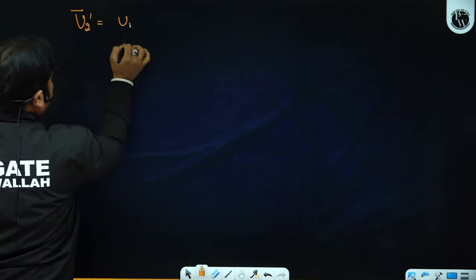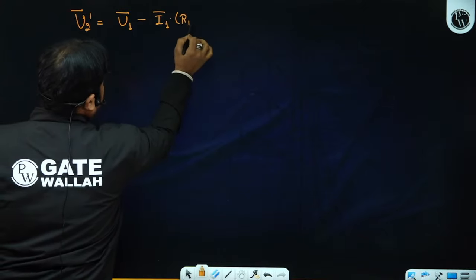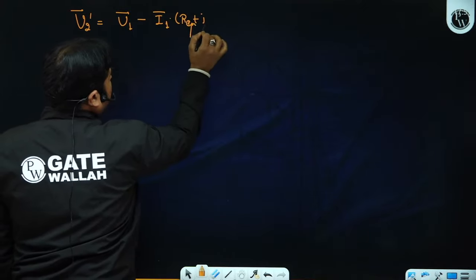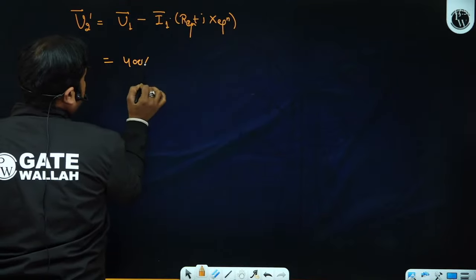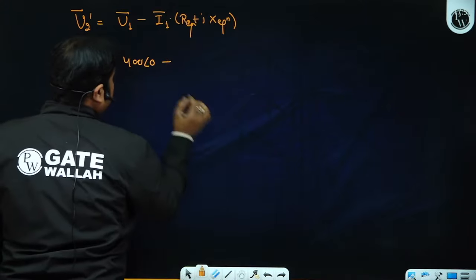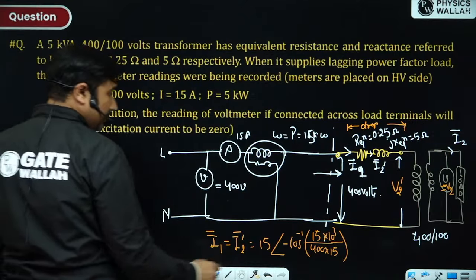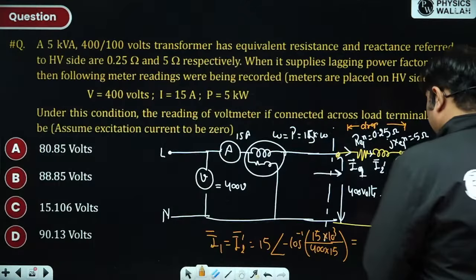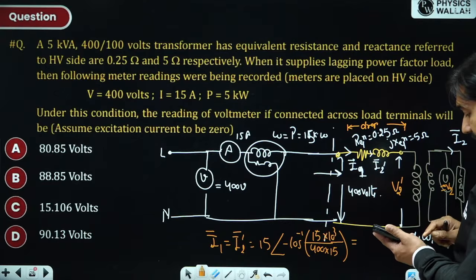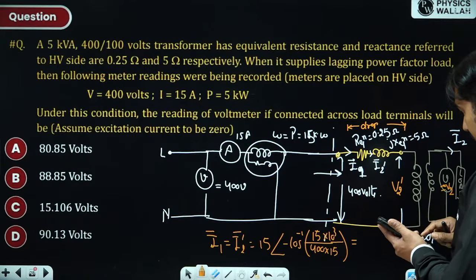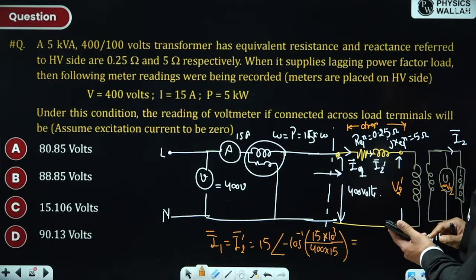V2 dash would become V1 minus I1 times (R equivalent plus jX equivalent). This is 400 at an angle 0 minus I1, which is 15 ampere, and what would be the power factor? 5000 by 400 times 15, cos inverse.